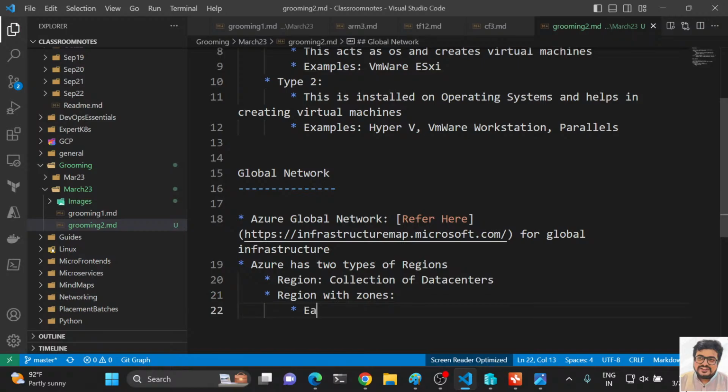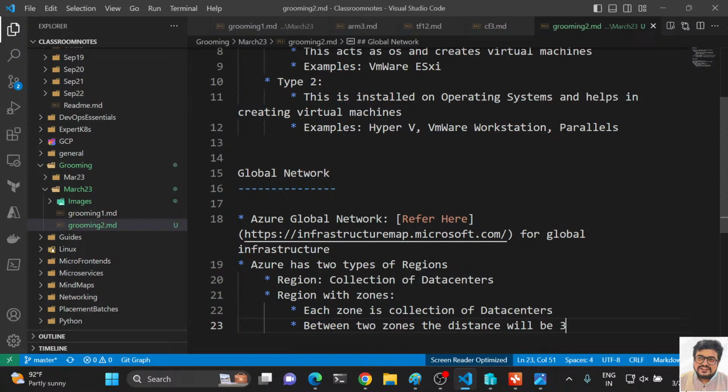So each zone is collection of data centers. Between two zones, the distance will be 30 to 60 kilometers away. Okay, or far away.